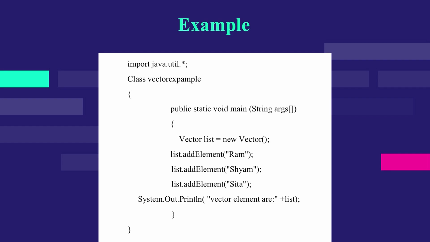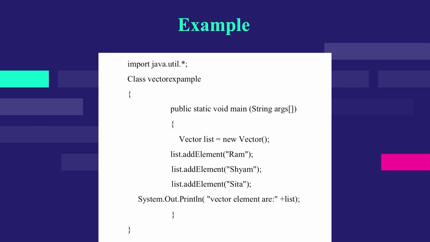import java.util.*; as you know, the Vector class is contained in the java.util package. Then we create a class, VectorExample, with public static void main.